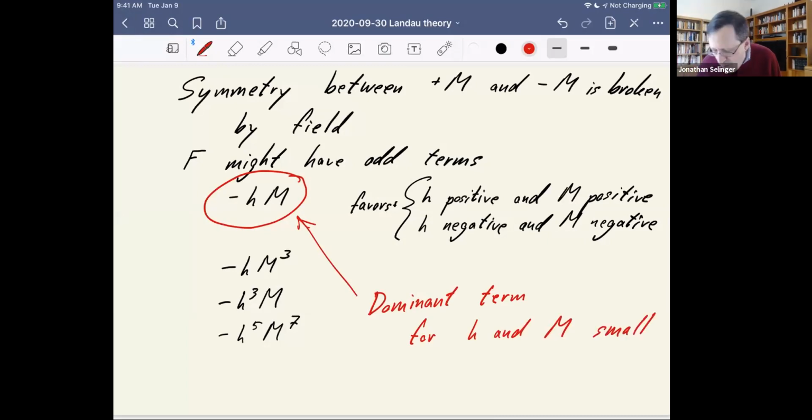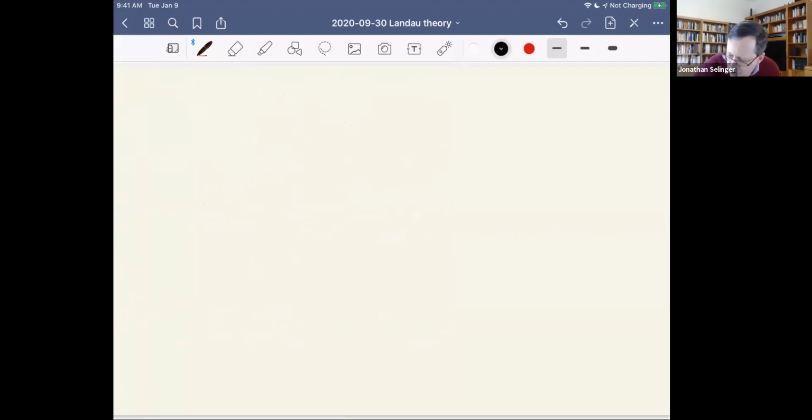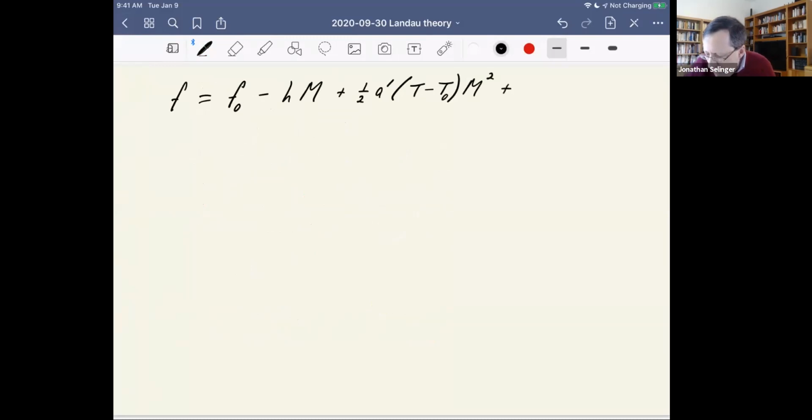Okay, so we would want to add that to our theory. When we write out the free energy density, we'll say F is now F0 minus HM plus 1/2 a prime (t minus t0) m squared plus 1/4 b0 m to the fourth plus dot, dot, dot.